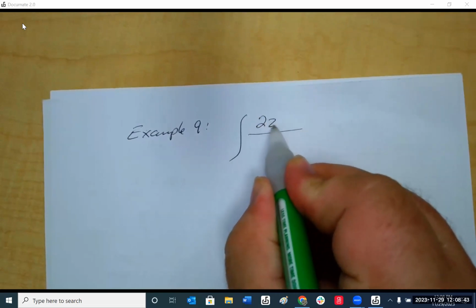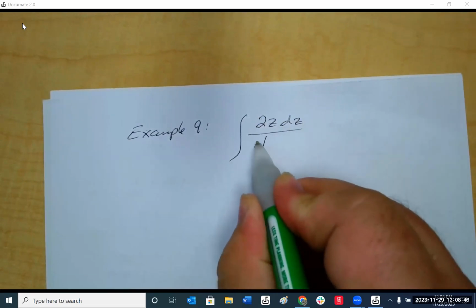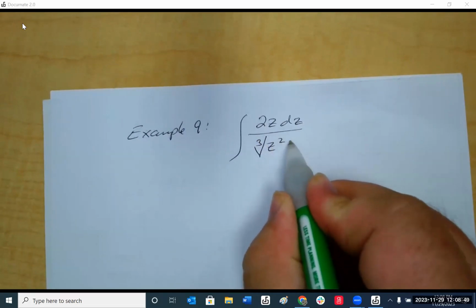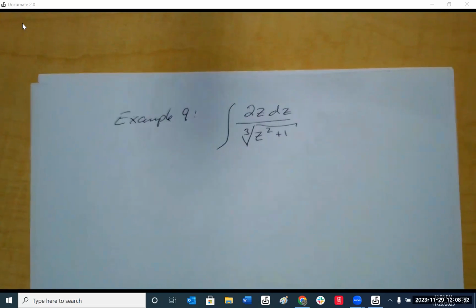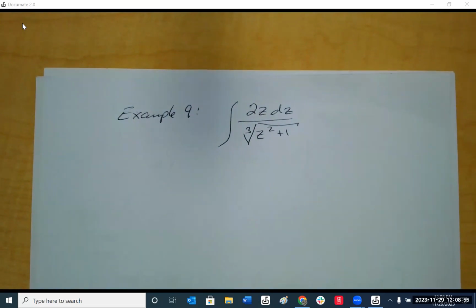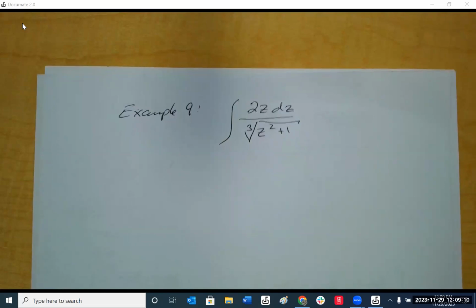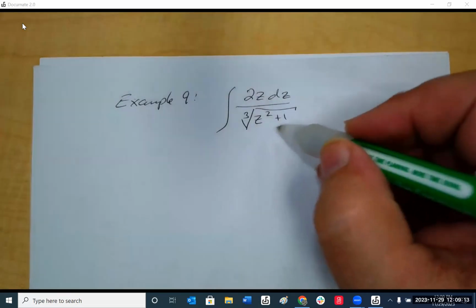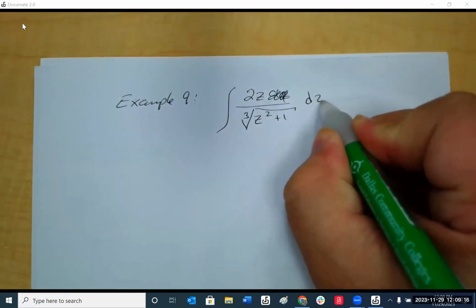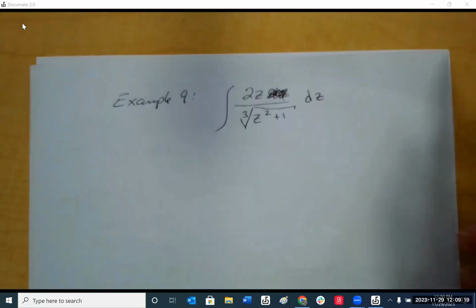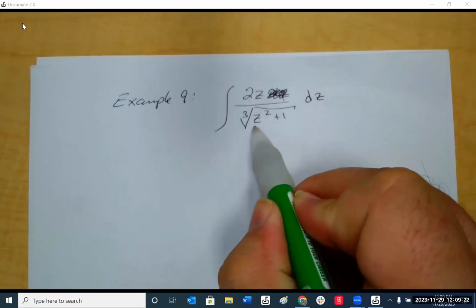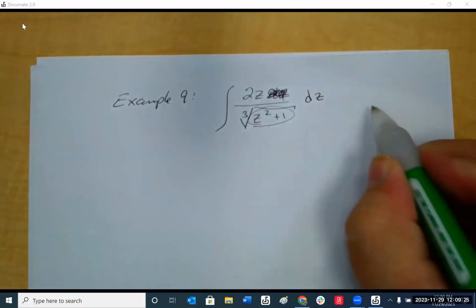Evaluate this. All right, so since we have a fraction, I put the dz out here. So seeing as the top is 2z, and inside the operation, that's got to be my u.